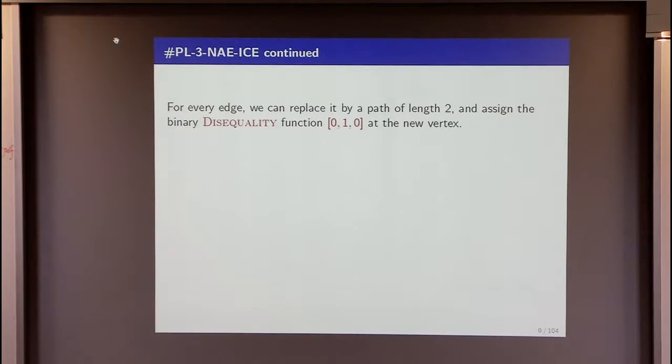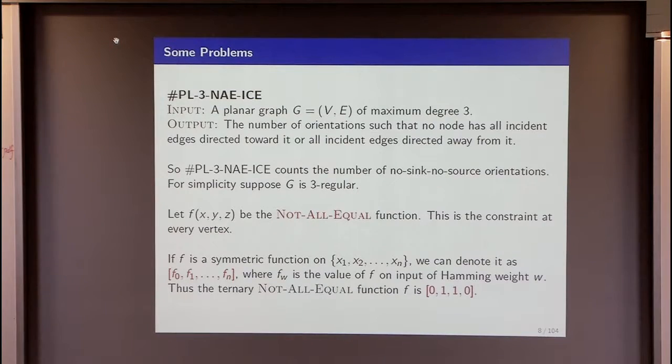All right. Now, this is a notation that says that if I have a function that is symmetric in the sense that the value only depends on the number of ones, another way of saying it is invariant under permutation of the variables, then I can specify such a function with only the value on the Hamming weight of 0, 1, 2, up to n. So n plus 1 values will specify the function.